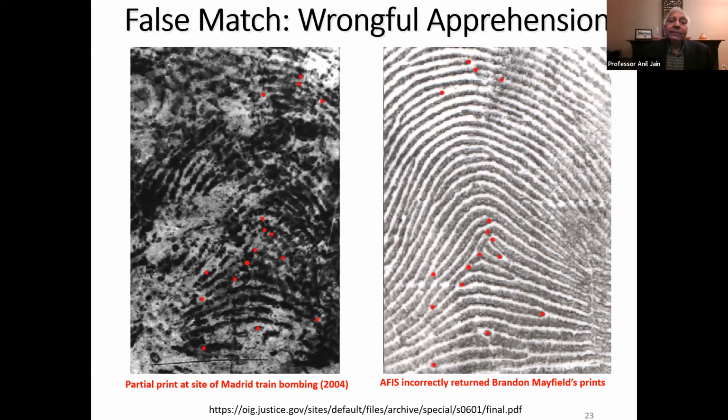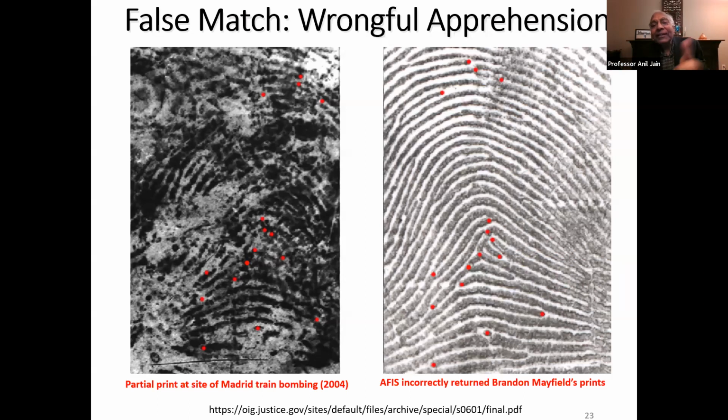They sent this print to the FBI, and the FBI used its AFIS system and found a match with the fingerprint in the database shown on the right. This fingerprint on the right belongs to Brandon Mayfield, who was a captain in the US Army. All Army personnel's fingerprints are in the database, not because they committed a crime, but their fingerprints are there.